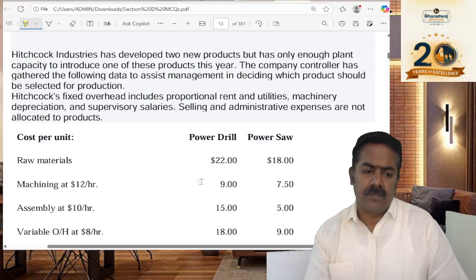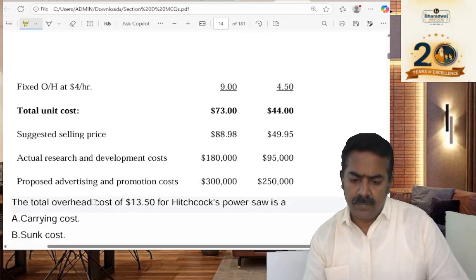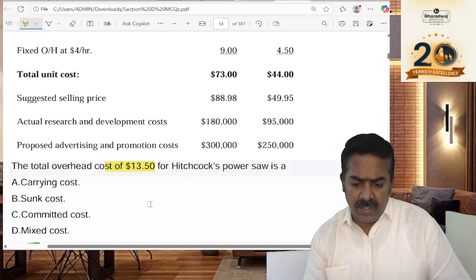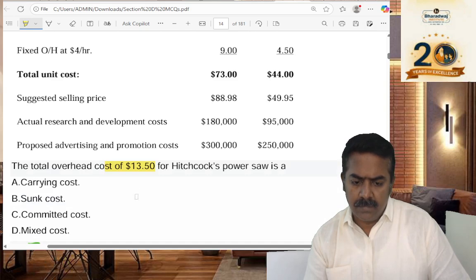Read the question. $13.5 is a carrying cost, sunk cost, committed cost, mixed cost. Total overheads of 13.5 is given.